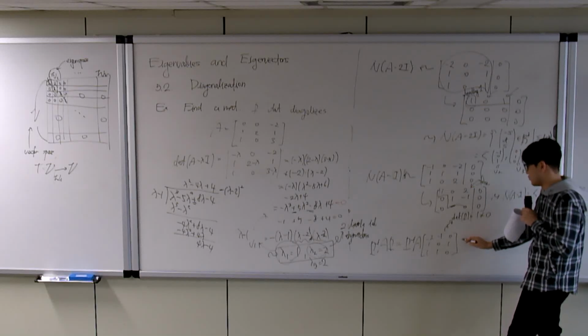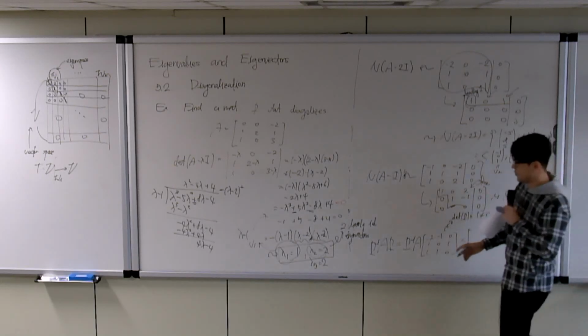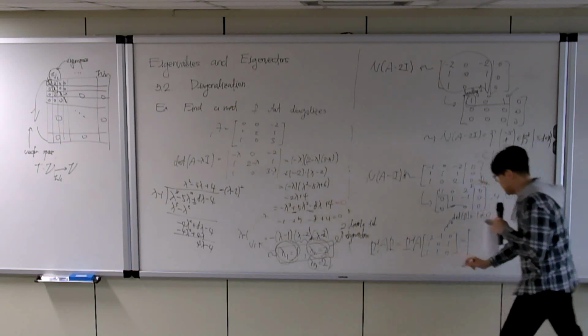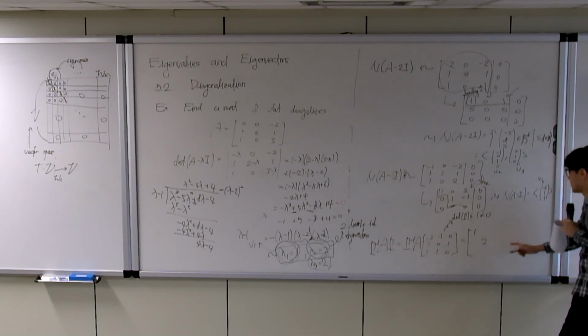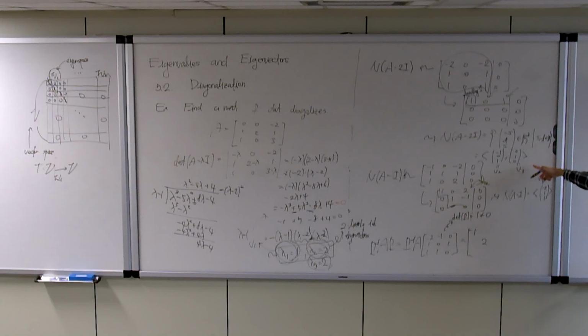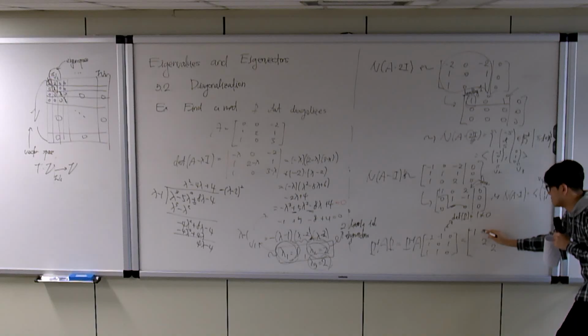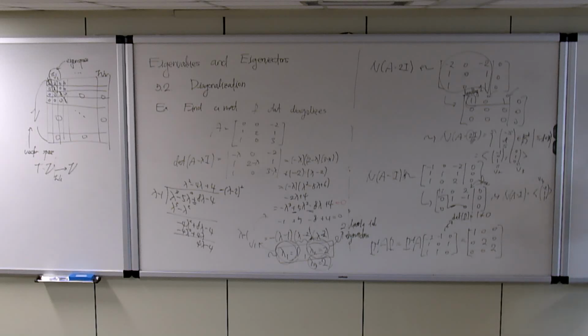Actually, as we proved in the previous theorem, the eigenvectors corresponding to 1 and the eigenvector corresponding to the value 2 should be distinct, should give us two distinct linearly independent eigenvectors.